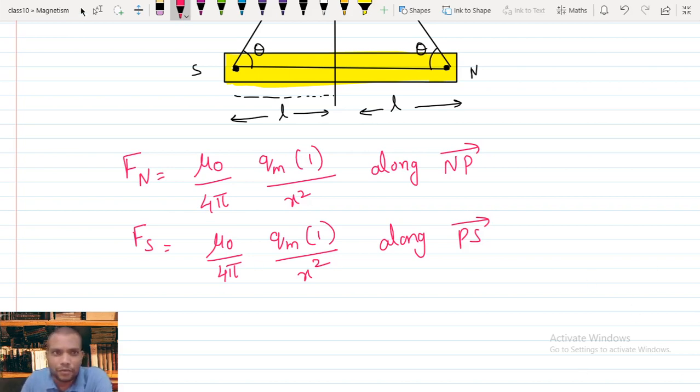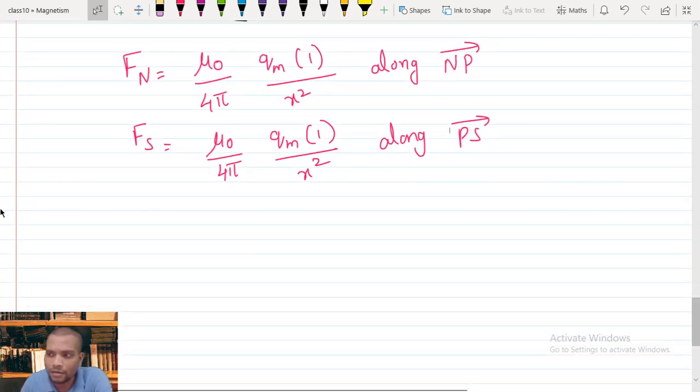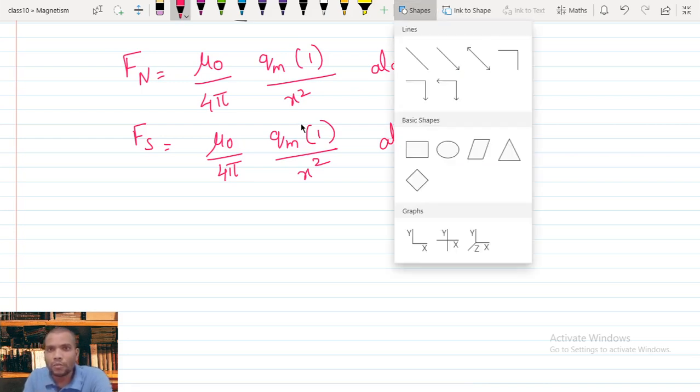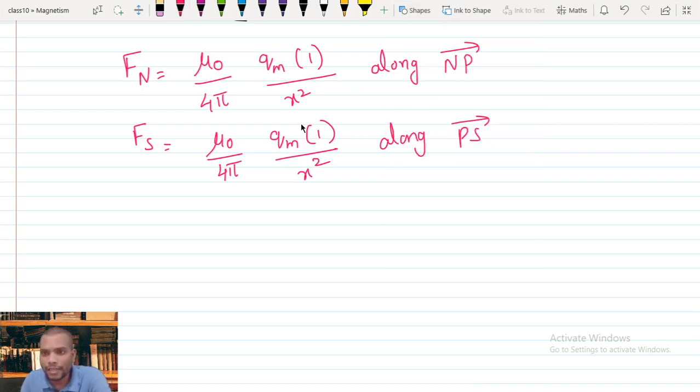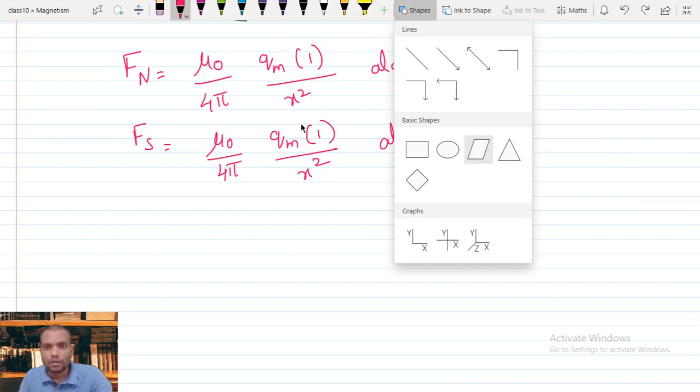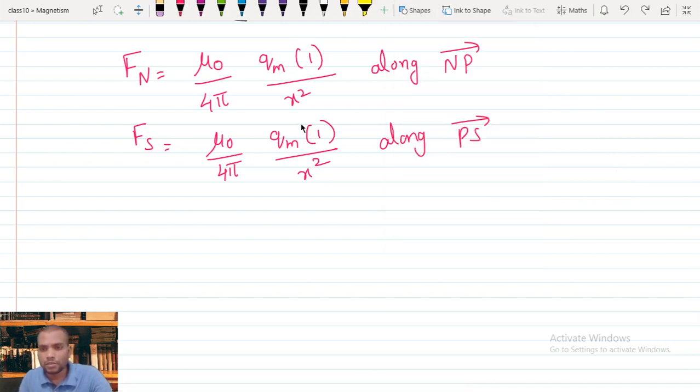Now to get the net force, you can use any law, the triangle law or the parallelogram law, to get the resultant force. To get the resultant force, there is the resolving of components, so I will draw it here. Let me take the help of this coordinate system.